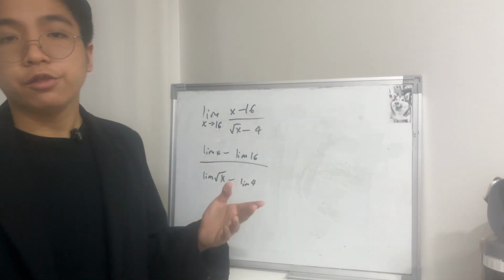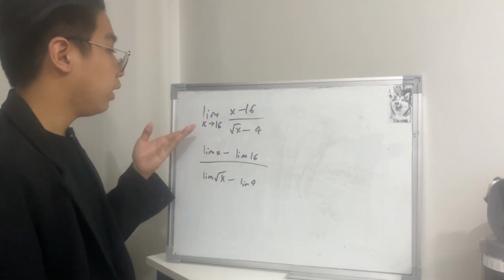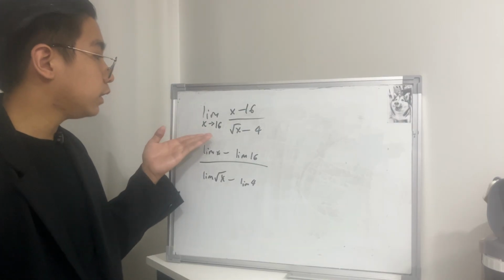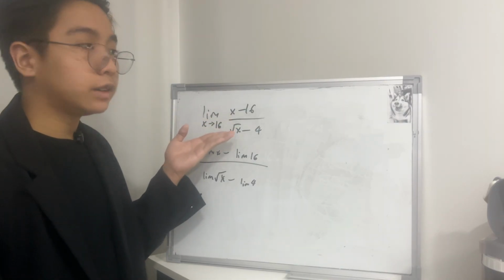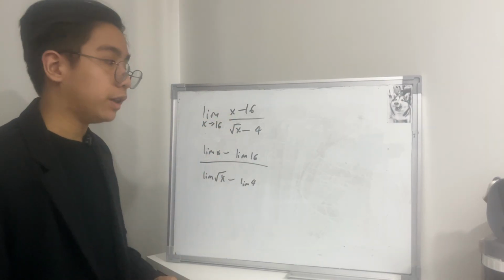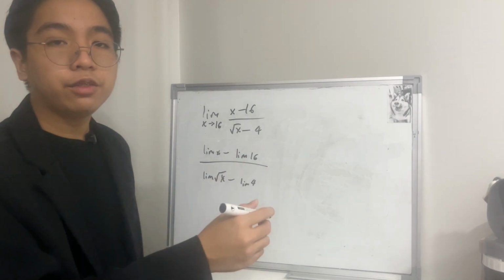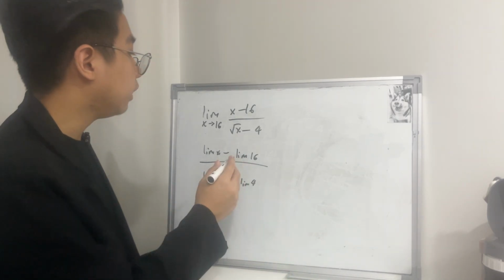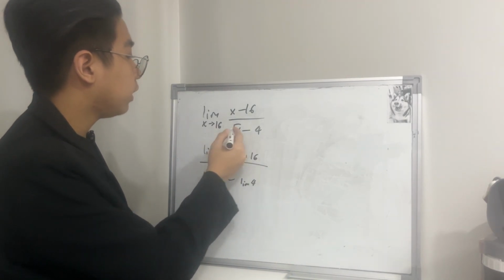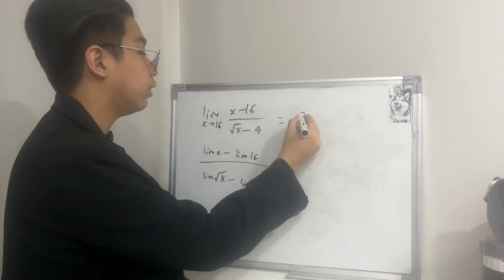So here we will be solving a radical expression. We have the limit as x approaches 16 of x minus 16 over square root of x minus 4. If you directly substituted it, you would find that this gives 0 over 0.